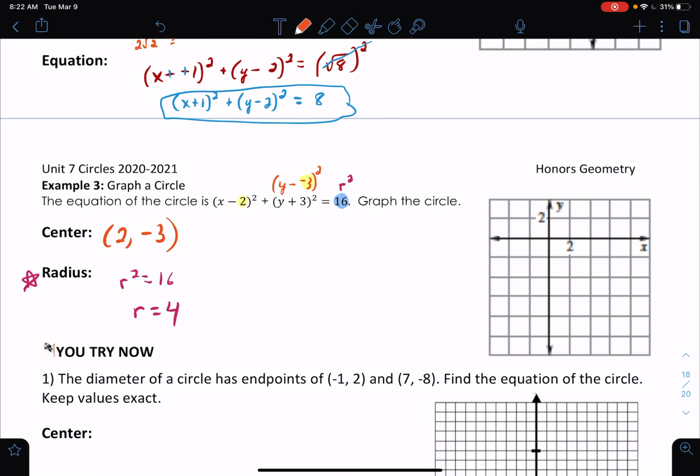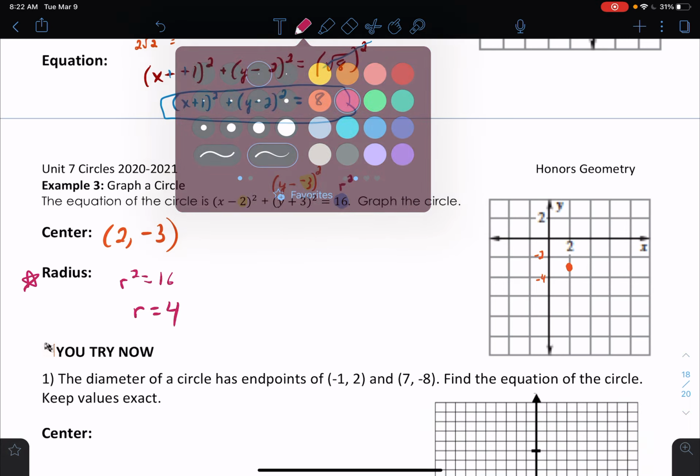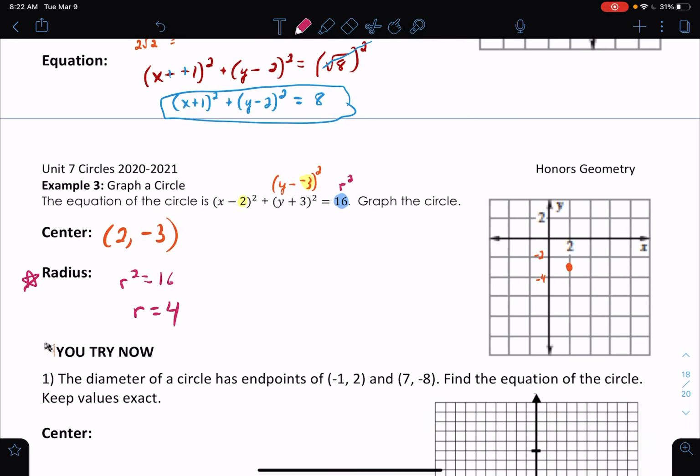The center, 2, -3. Well, notice our graph is going by 2's. So this is going to be 2, -3, because this is going to be -2 and -4. So it's going to be halfway in between there. And the radius is 4. So I need to count. I usually plot 4 points. I usually do the radius straight up, to the right, straight down, and to the left.